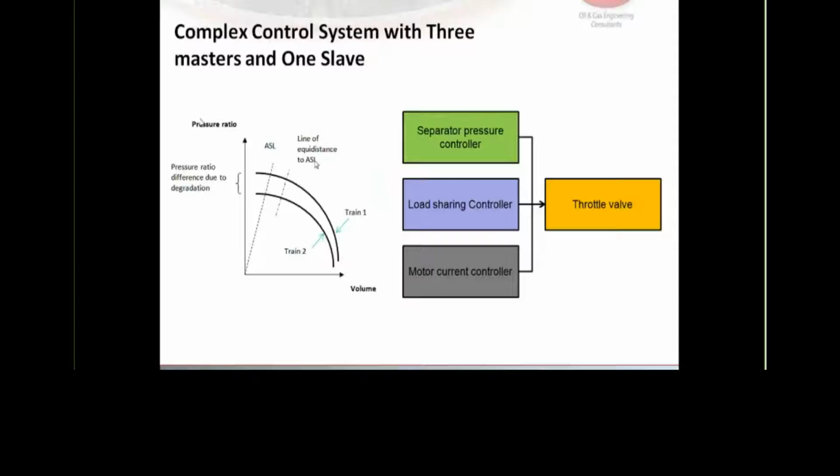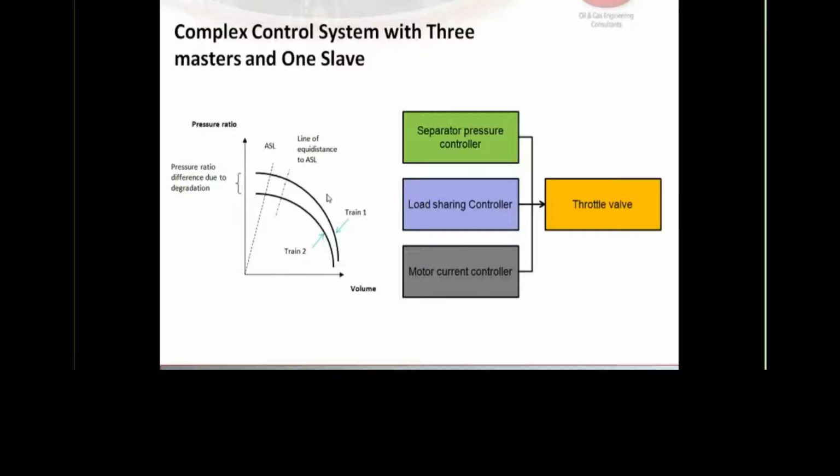Now the other question, and this is the graph on the left-hand side, is whether the control system was actually doing what it was meant to do. The TACS load sharing controller that was installed tries to maintain the same distance between the anti-surge line and the operating point on the map for both trains.